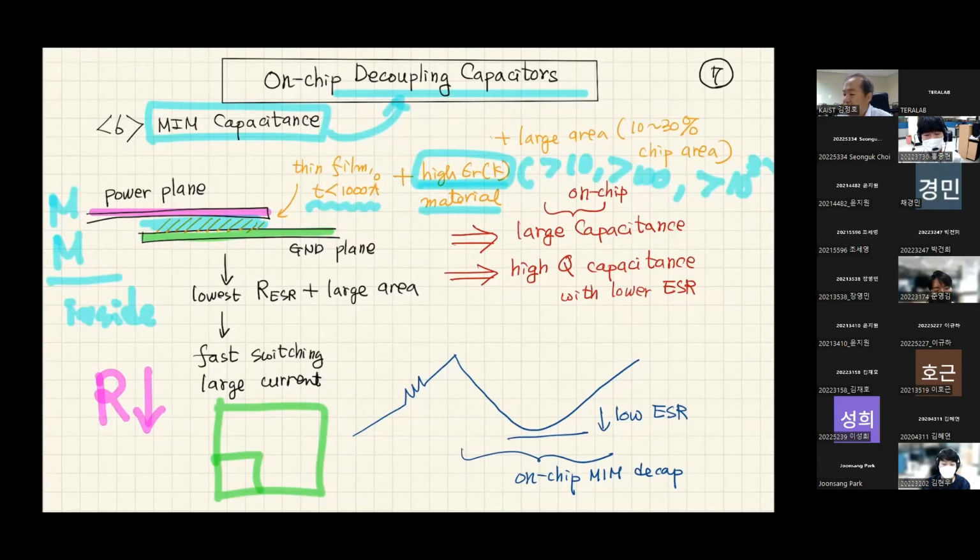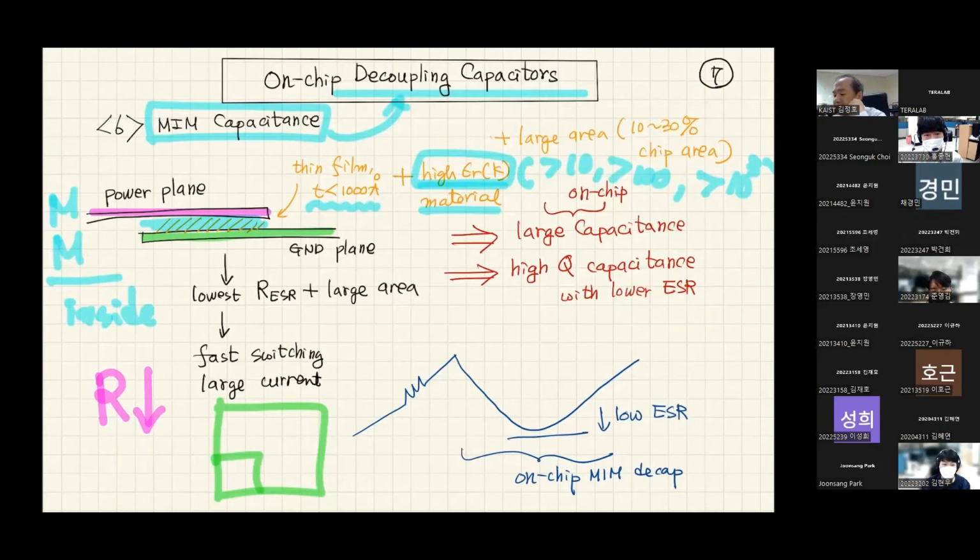The advantage of MIM capacitance is that underneath this MIM capacitance, we can still have active gate oxide, because vertically this MIM structure can be placed on top of the gate oxide capacitance, since the layer is different and the processing is different.